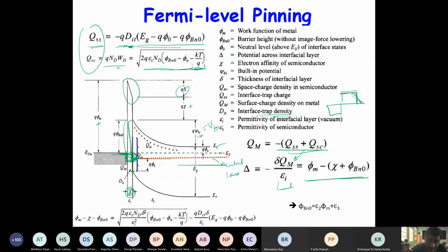If DIT is small. If DIT is large, then most of the charge is taken care of by this interface layer. Then you can ignore the space charge part.